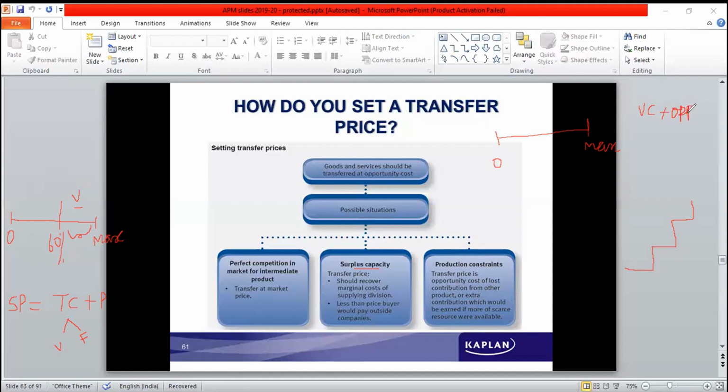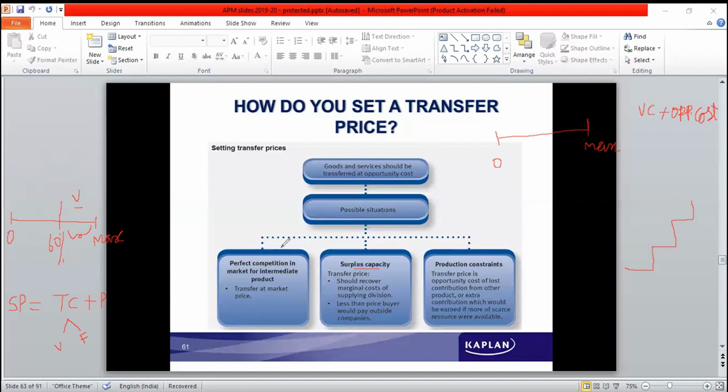See, opportunity cost would be the contribution which is foregone, because fixed cost in any situation would be incurred. It is only the contribution which they would be foregoing. So variable cost plus the opportunity cost will be decided as the transfer price in situations where there are production constraints.